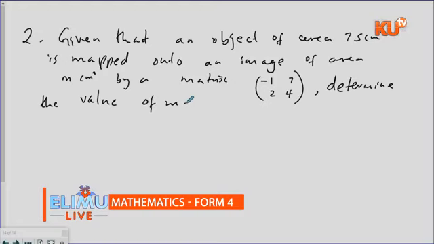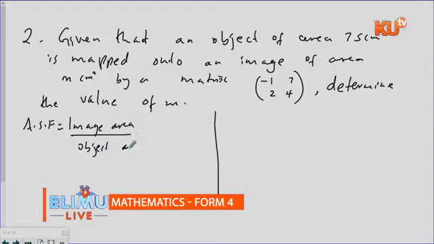So when you're given this case, we need to know what we've said before: the area scale factor is equal to the image area over the object area, and that should be equal to the determinant.